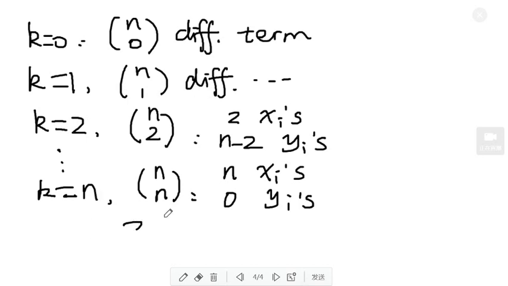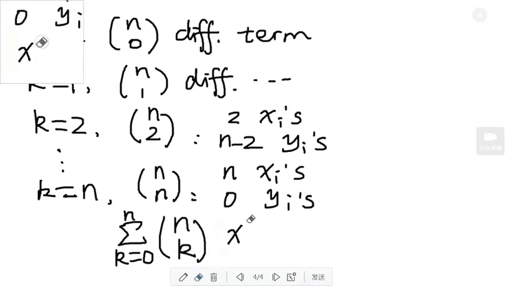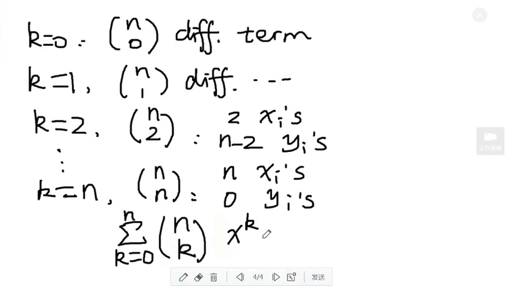Let me write it in this way. So those kinds of different combinations. So how many xi are you going to have? 0 to n. Actually it should be x, there's no parentheses, x to the k, times y to the exponent n minus k.